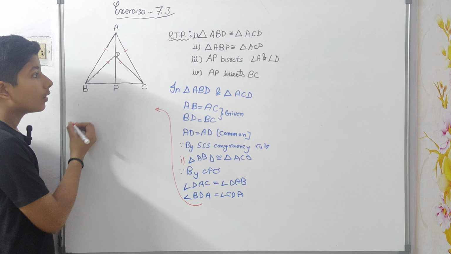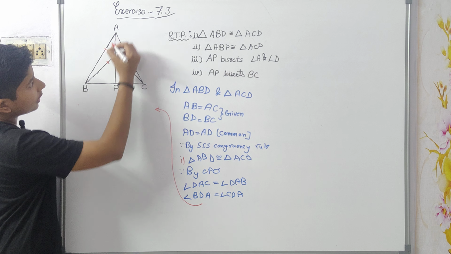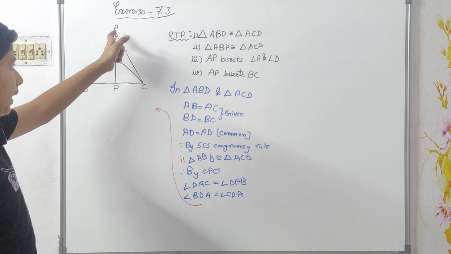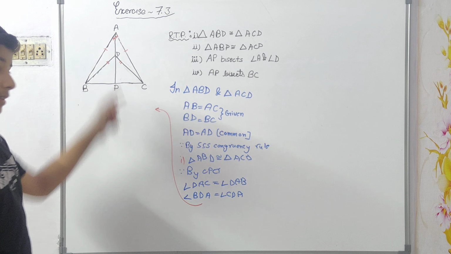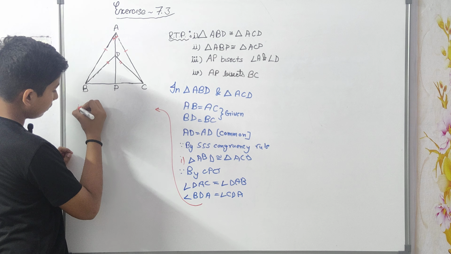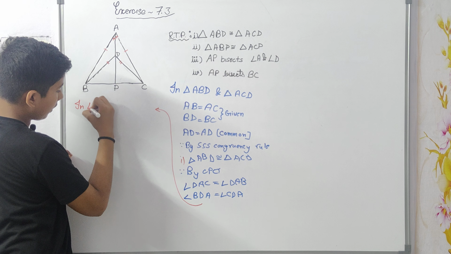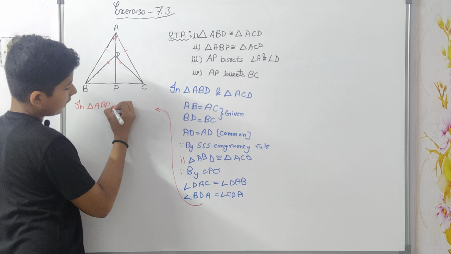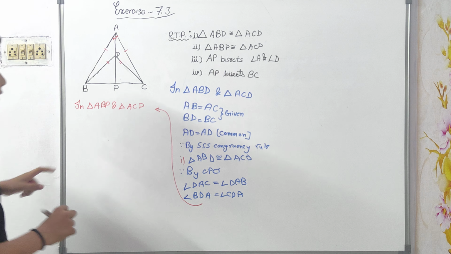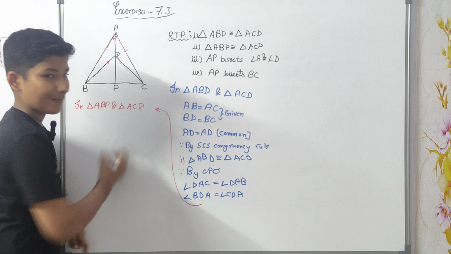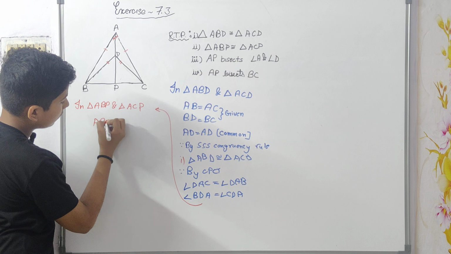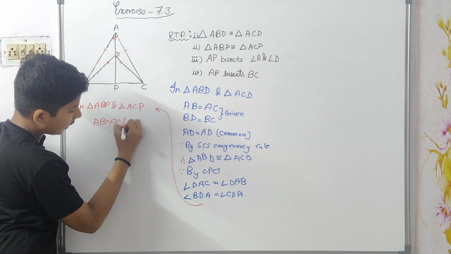Now second one we'll solve. So firstly we have proved that this angle equal to this angle. These two sides equal, these two angles equal, and at last this side equal. So we have to prove these two triangles congruent, ABP and ACP. In triangle ABP and triangle ACP, okay, this is the triangle name. So let's see. So firstly AB equals to AC, and here in bracket given.